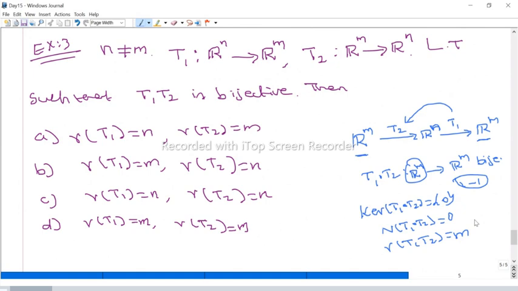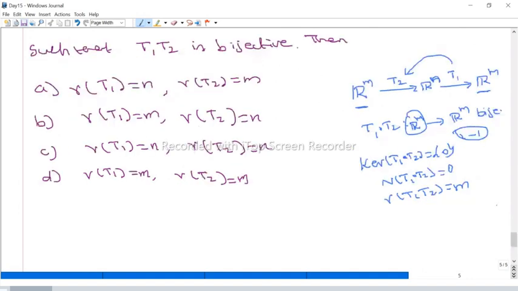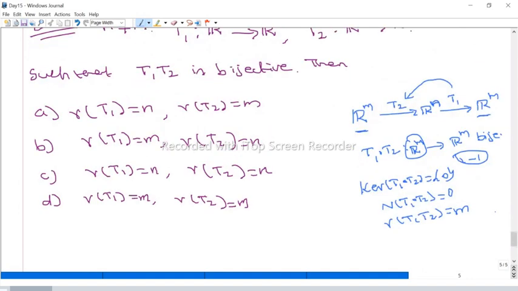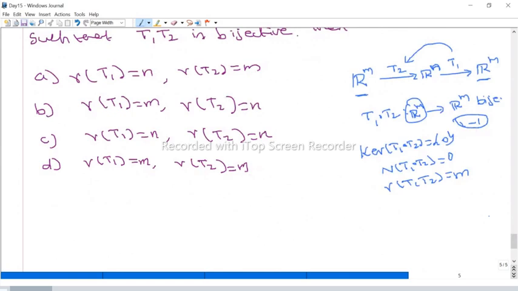And we know that the rank of AB is less than or equal to the minimum of rank of A and rank of B. And it is greater than or equal to the following relation.